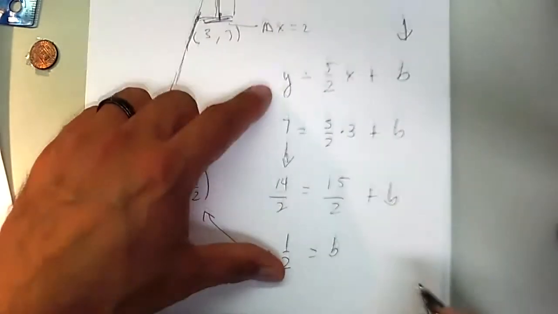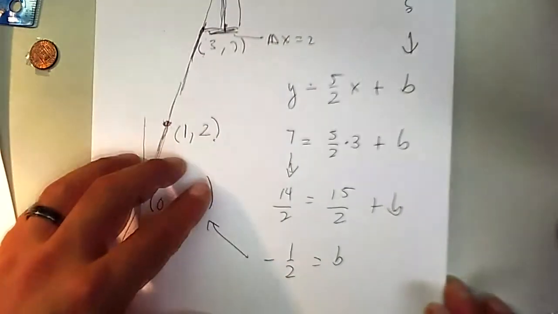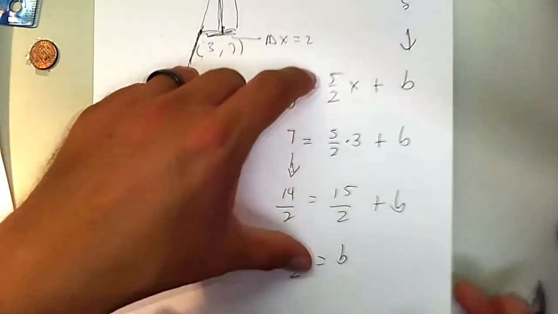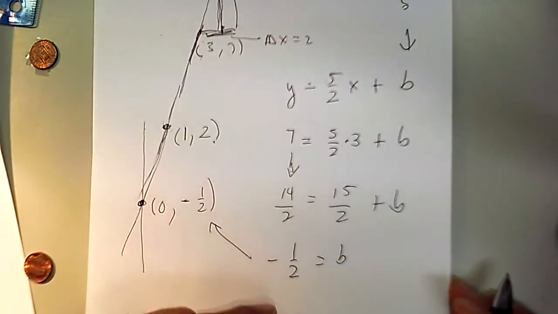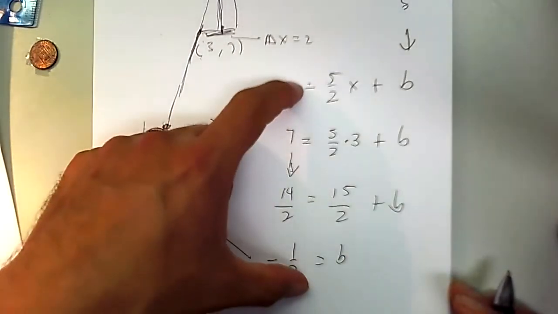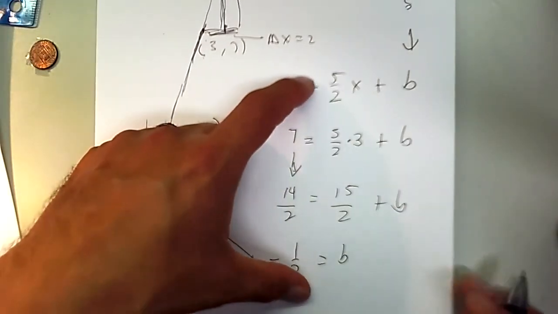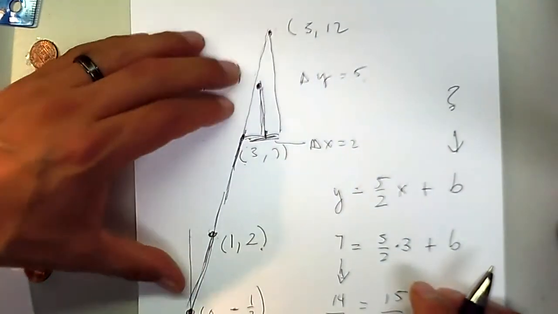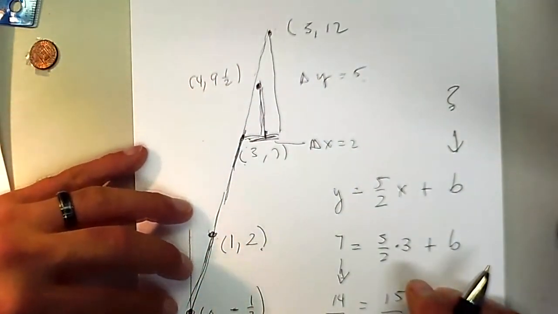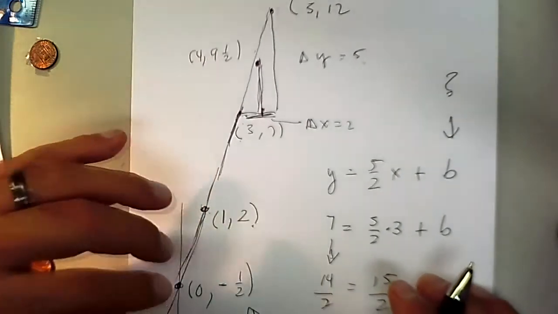But this is the algebra. Now, don't take me wrong. There's nothing wrong with doing this, in the sense that if we want to find b, yes, that's a pretty fast way to get it. What I would like to add is that watching where the -1/2 comes from is valuable.